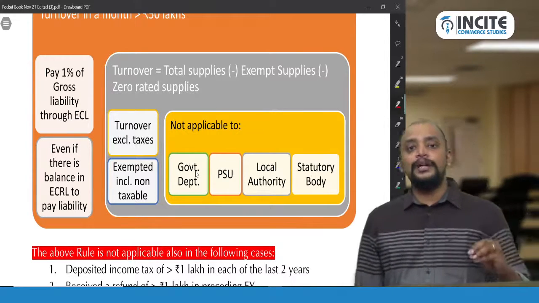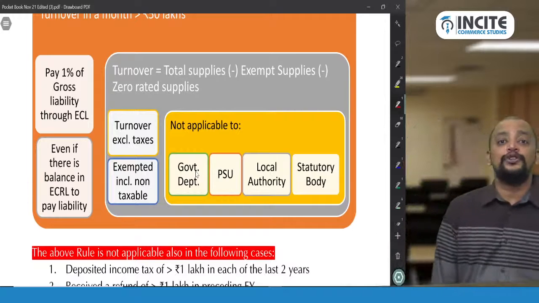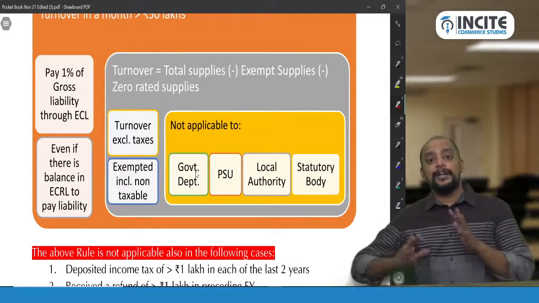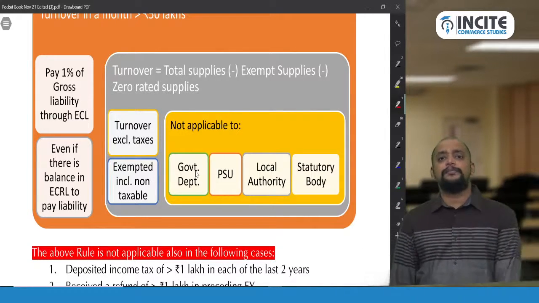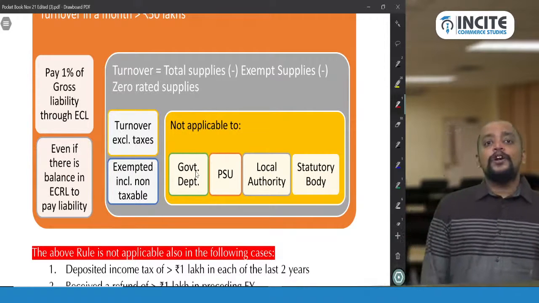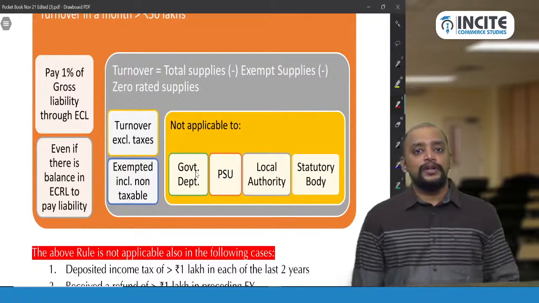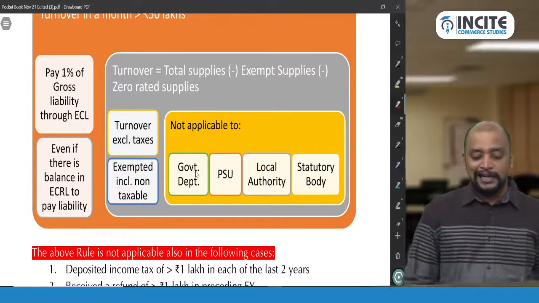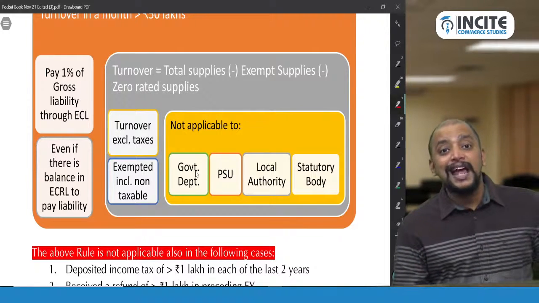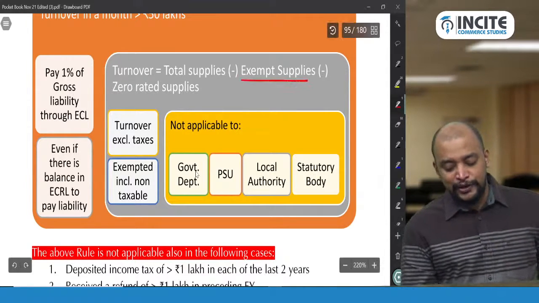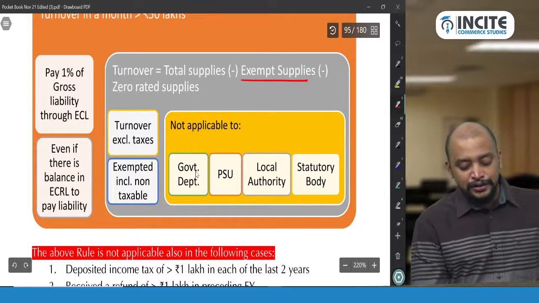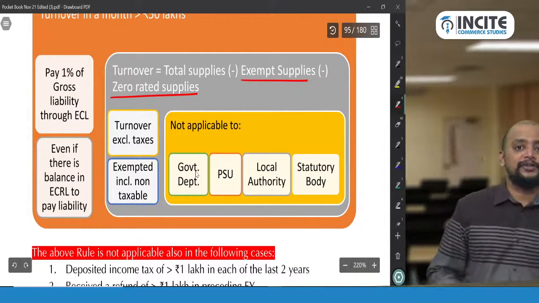And to whom is it applicable? Those people who have a turnover of more than 50 lakhs in a particular month. And what will be taken towards counting the turnover? We will take total supplies minus exempted supplies. Exempted supplies should not be taken into the turnover. Even zero rated supplies should not be taken into the turnover.